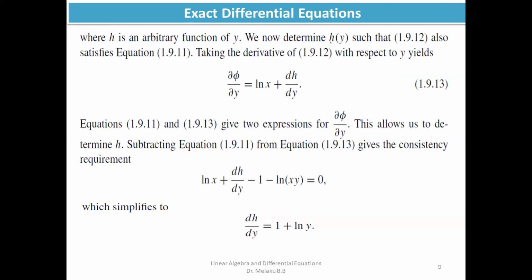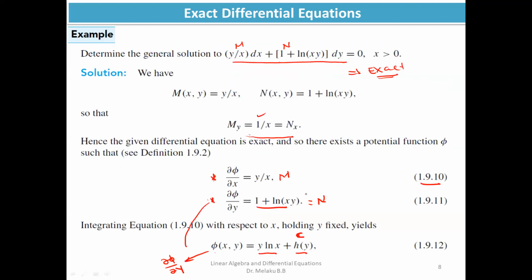We now determine h of y, because we have to determine h of y, and it says that 1.9.12 also satisfies equation 1.9.11. 1.9.12 means the one we obtained by integrating partial of phi with respect to x, which is equal to y over x. So this equation must also satisfy 1.9.11.